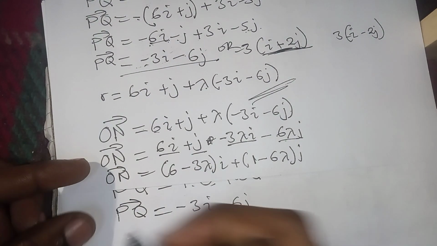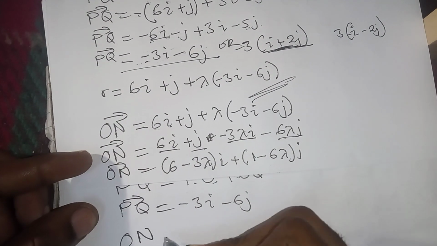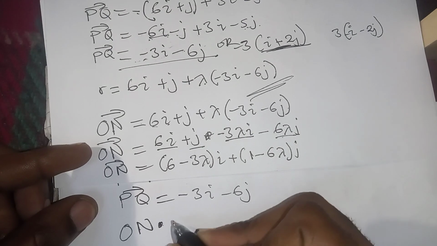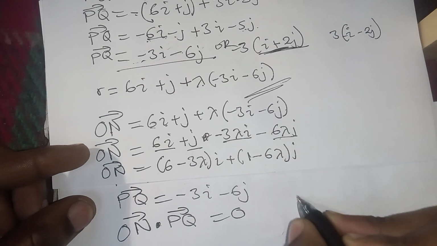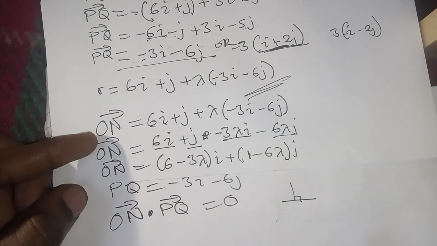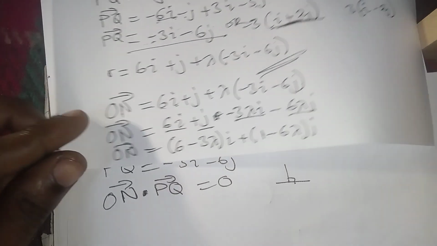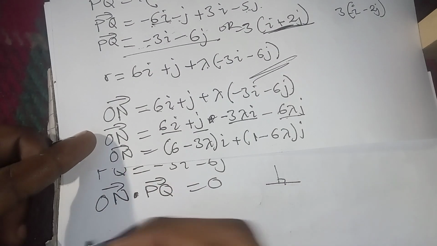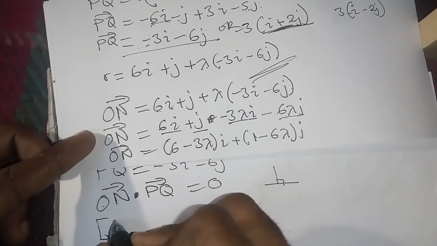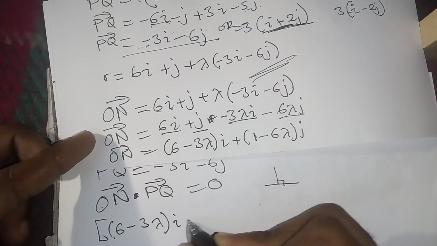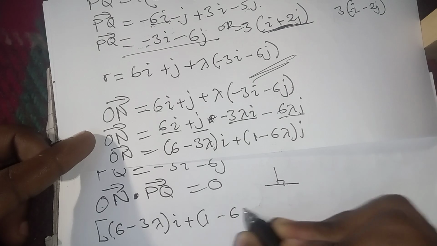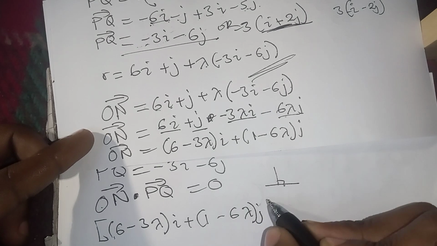So let's multiply these two. ON dot PQ is 0. The reason is simple, the two are perpendicular to each other. So ON is 6 minus 3 lambda i, then plus 1 minus 6 lambda j.